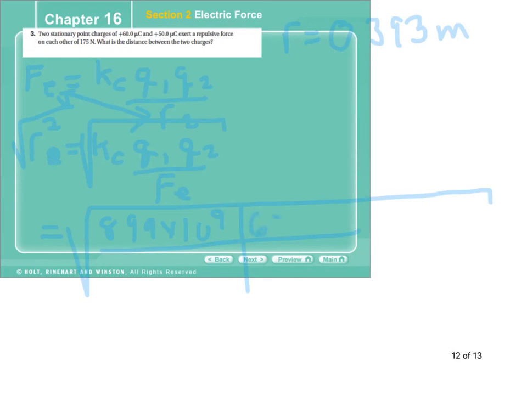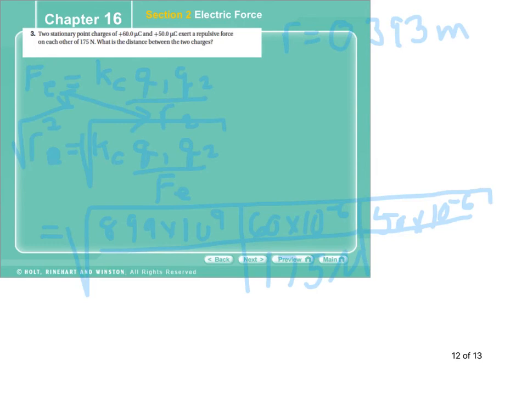So it's going to be 60 times 10 to the negative 6th times 50 times 10 to the negative 6th, and then divided by the force, which was 175 newtons.